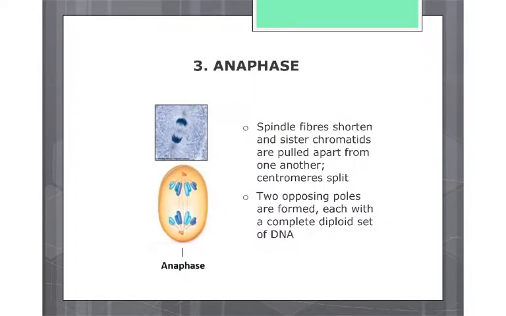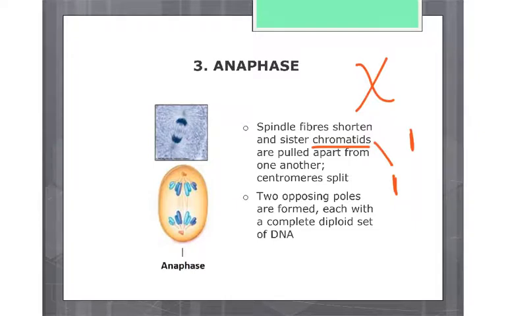Now, moving to anaphase. Anaphase is when the spindle fibers shorten and the sister chromatids separate. So, key word here, you guys, is that our chromosome has that X shape. A chromatid is what we have because that X is being pulled away. A chromatid is that chromosome that now has two separate sticks, we can call them.